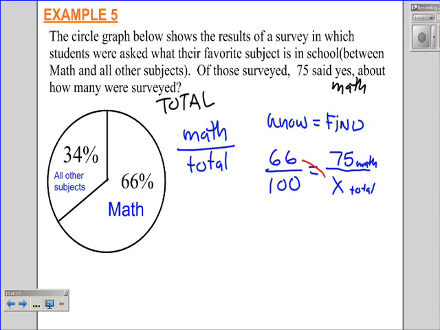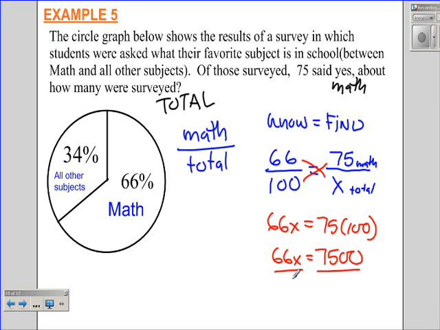And if I'm trying to solve this, I'm going to just do my cross multiplying. I get 66x equals 75 times 100. So 66x equals 7,500. I'm going to divide both sides by 66.